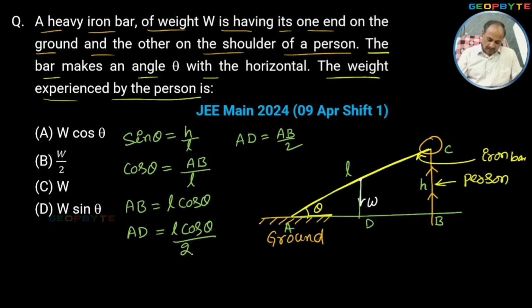Having this information, let us mark the normal reaction. At the ground level, since the ground is horizontal, this is the normal reaction. Let that normal reaction be N. Similarly, for the person also, this is the normal reaction. Let that be R.